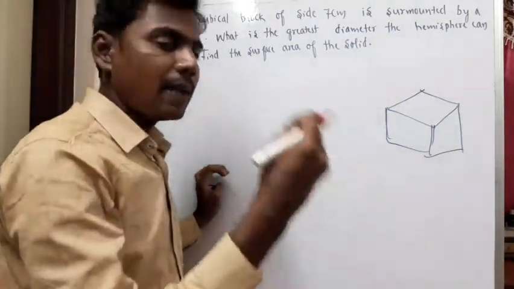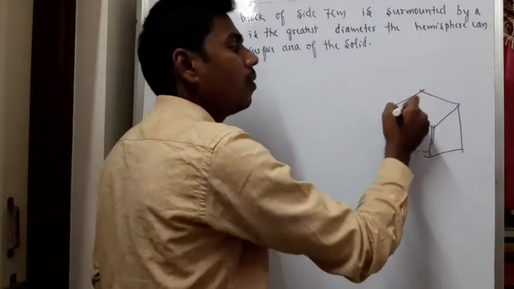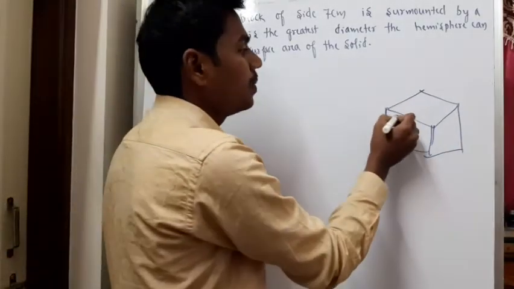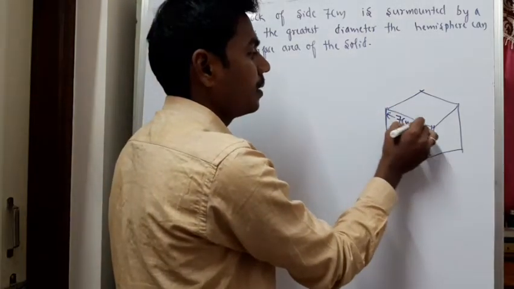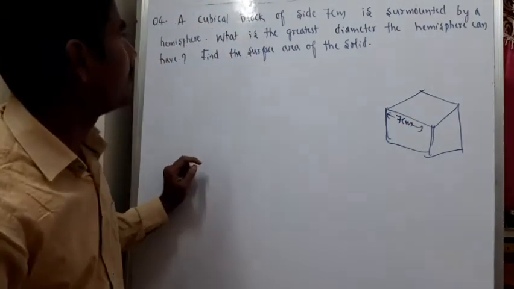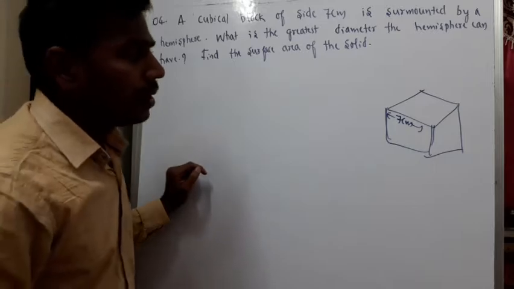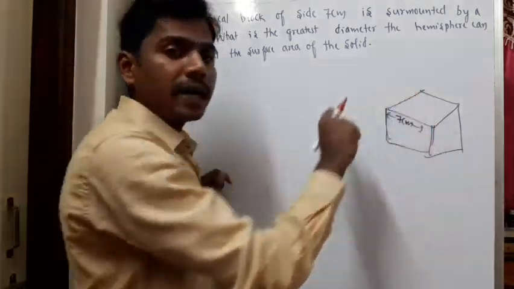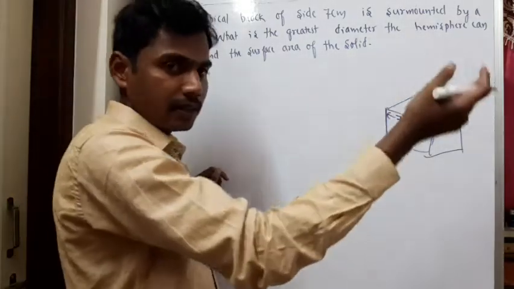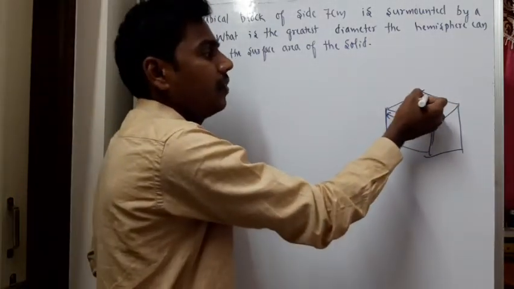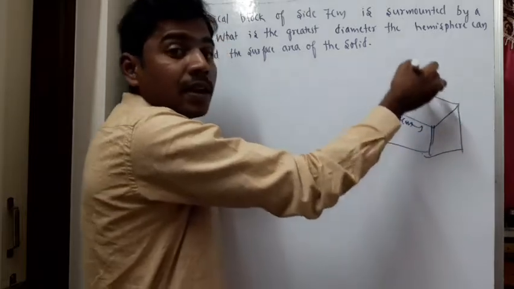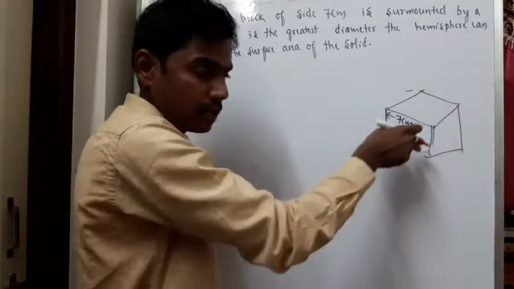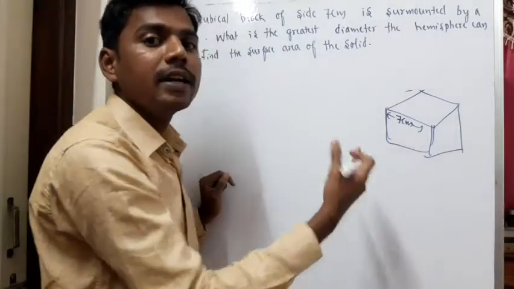So the greatest diameter that we can fix should be equal to the edge of the cube. So what is the edge of the cube? That is 7 centimeter. They have given it. The edge of the cube is 7 centimeter. See, if I increase the diameter of the hemisphere further, if it is 8 centimeter, it will go out of this particular cubical block and it doesn't look good.